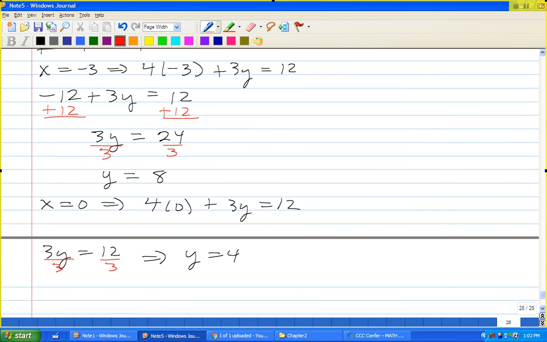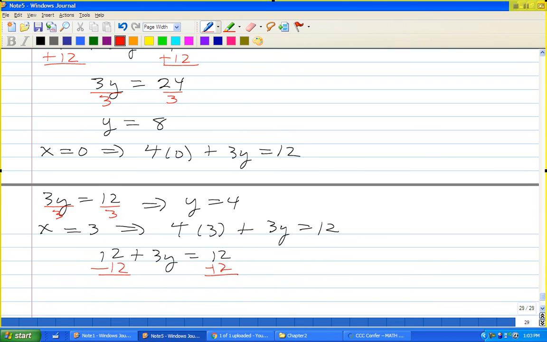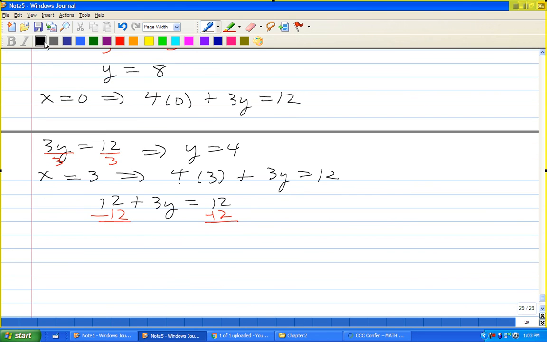And lastly, let x equal 3. So I have 4 times 3 plus 3y equals 12. So I have 12 plus 3y equals 12. Subtract 12 from both sides. So 3y equals 0. Divide by 3. So y equals 0.